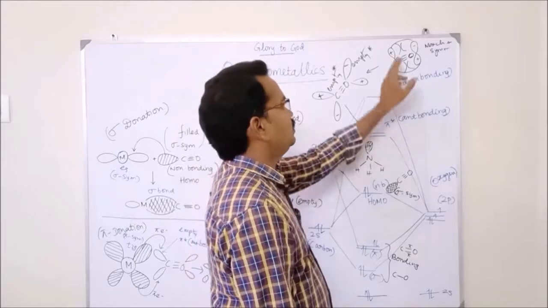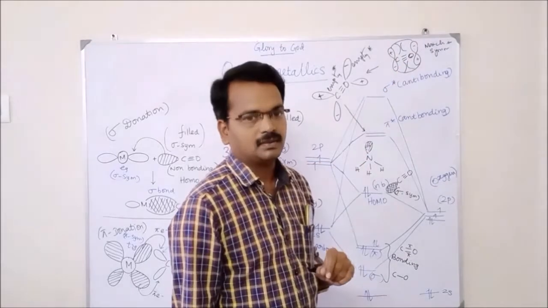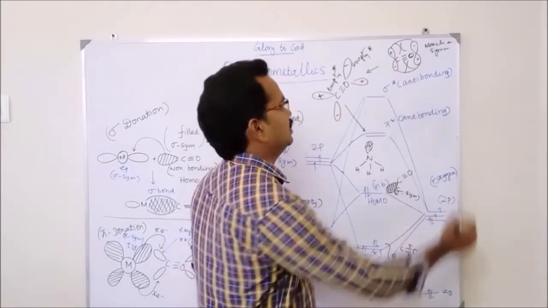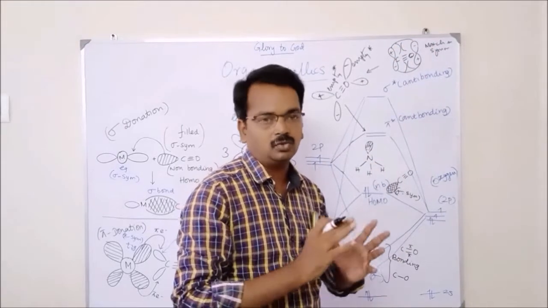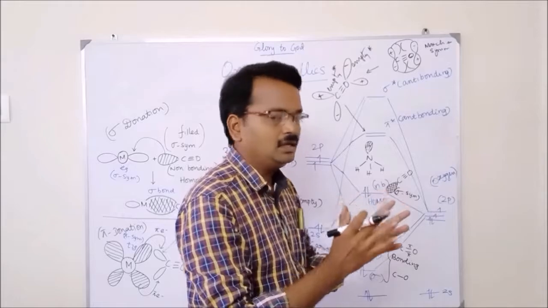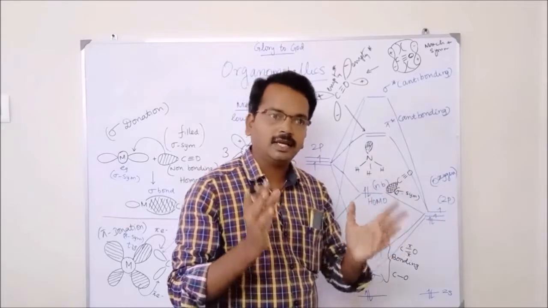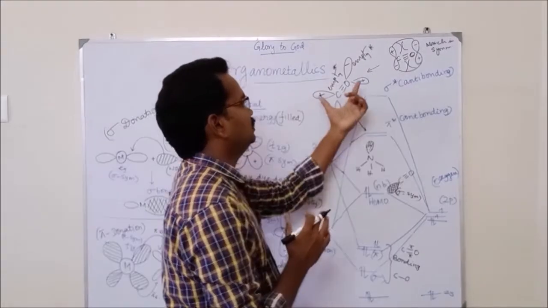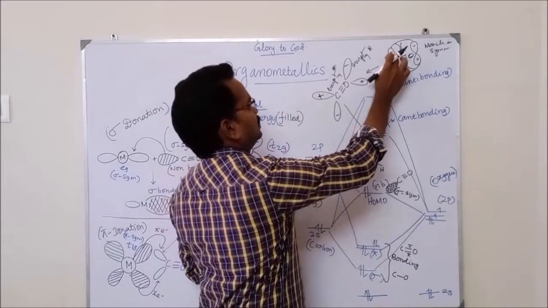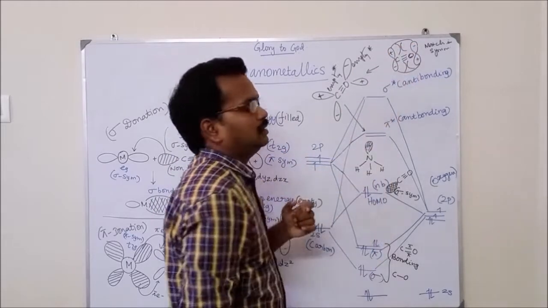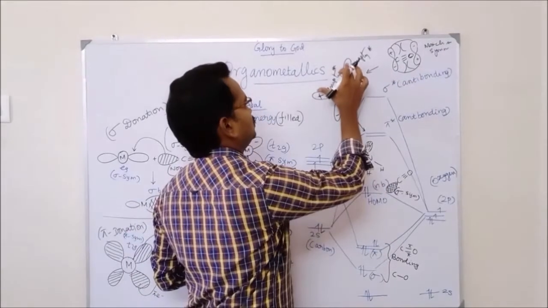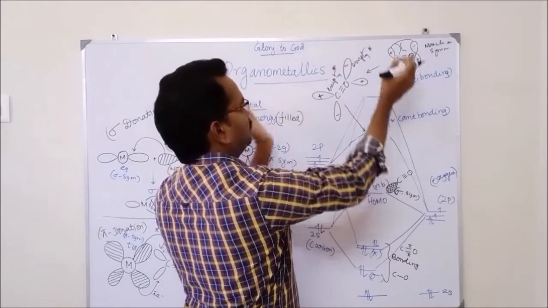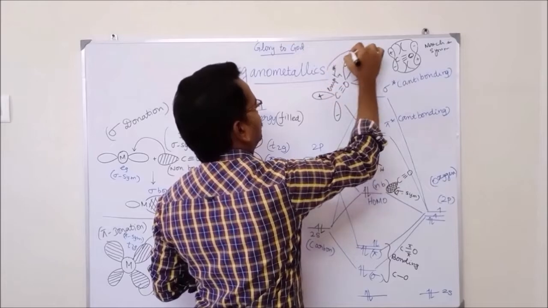But here we don't have the same symmetry. Because of the absence of symmetry, these two lobes cannot combine or overlap. Therefore, they will repel each other as far away as possible. So these two are not matching in symmetry. These two will get maximum repulsion.